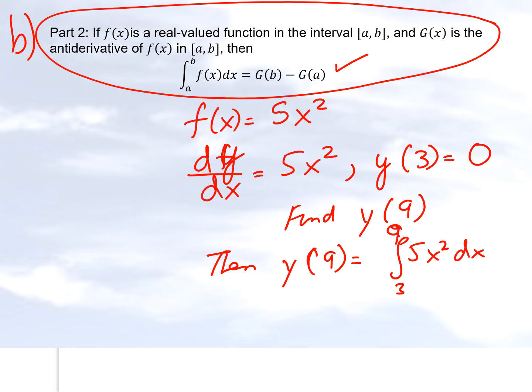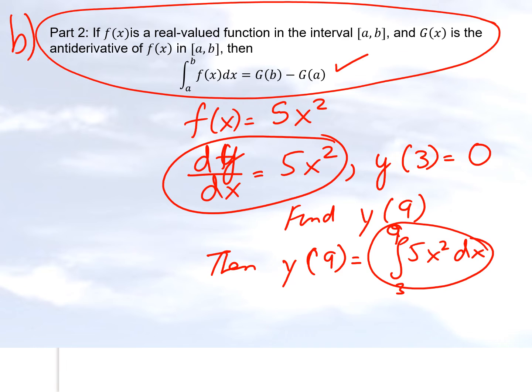So this is very important to understand, that you are taking this problem and you are now posing it as a first order ordinary differential equation. You are assigning an initial condition that at the lower limit of 3 the value of y is 0, and let's find y sub 9, and then y sub 9 itself becomes the value of the integral.